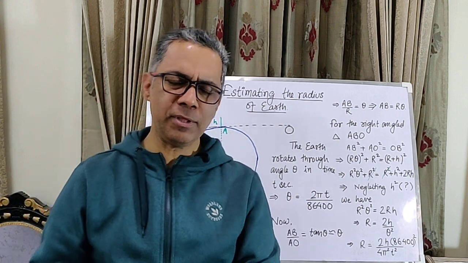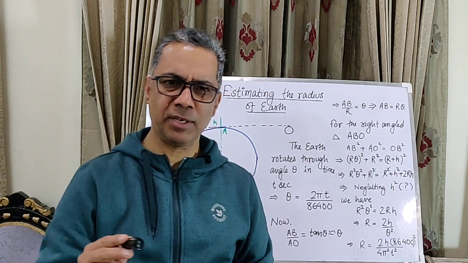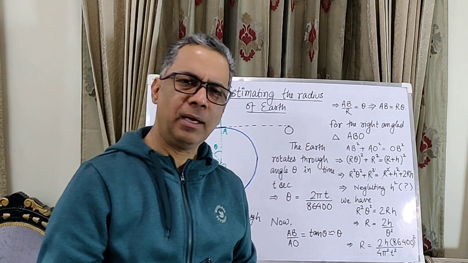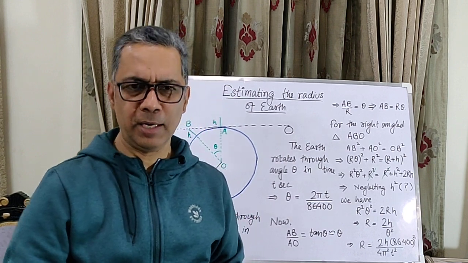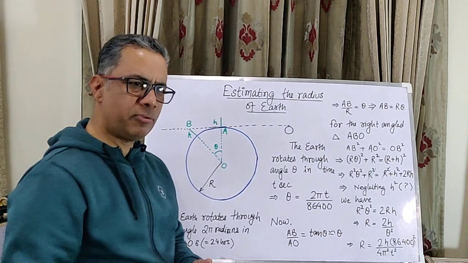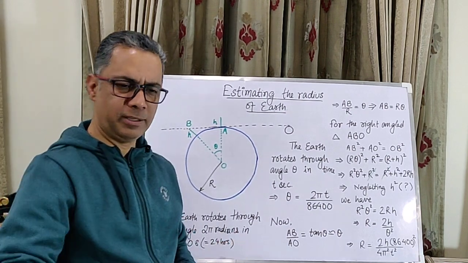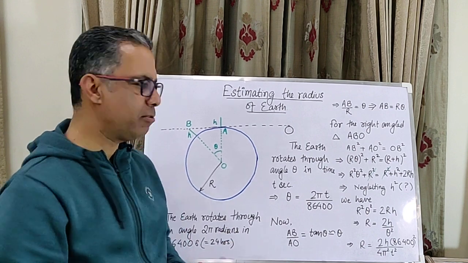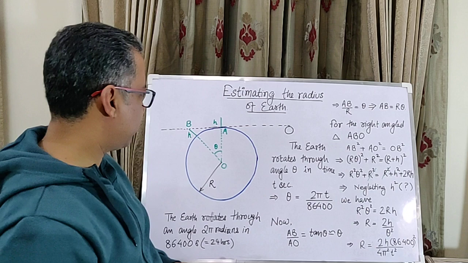Now based on this reading of time, which I have taken as t seconds, we can estimate the radius of the Earth. When we are on the ground, looking at the Earth from our perspective while we stand or sit, the Earth appears to be flat.